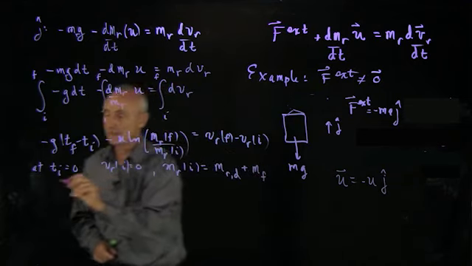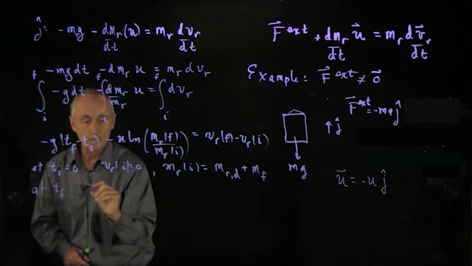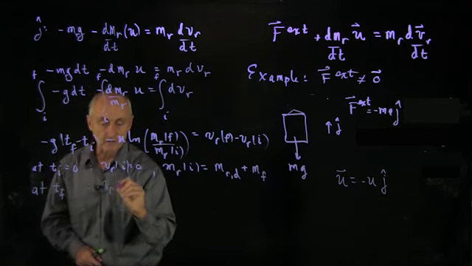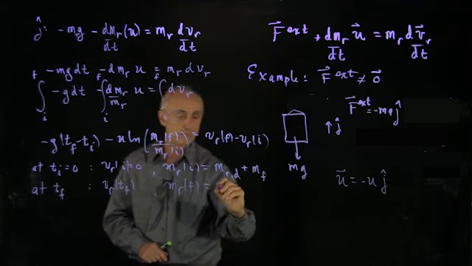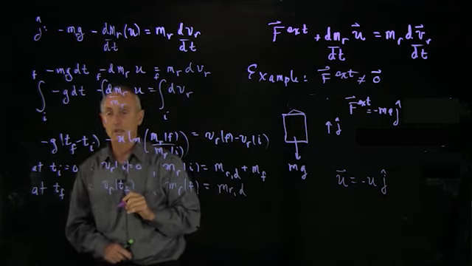At t final, when the engine turns off, we're going to find the velocity. Our condition for the final mass is that all the fuel has been burned, so this is just the dry mass of the rocket.